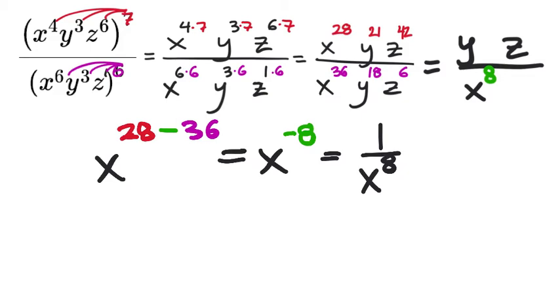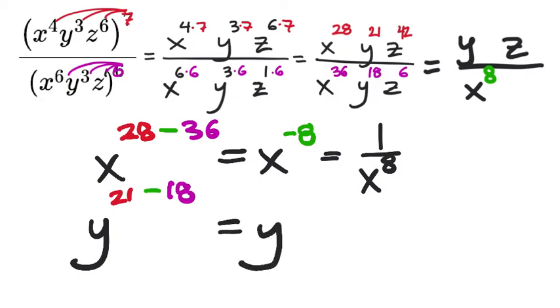Now we look at our base y's. There was a 21 exponent in the numerator and an 18 exponent in the denominator. We're going to subtract those. That would be y to the power of 21 minus 18, and I get 3. Since there are more y's in the numerator, that's y to the power of 3 in the numerator, as we already set up.